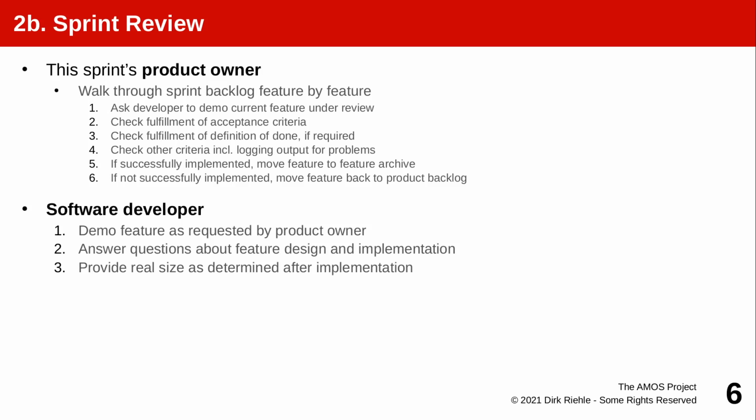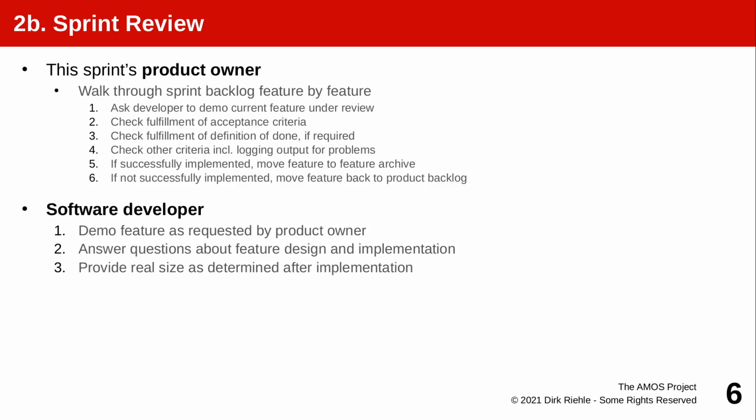Now, however, in the review, the product owner guides, that's how we do it, the review of what is in the sprint backlog in the supposedly done, so in the for review section, because that's what the developers say: we finished this and we want it to be reviewed. So the product owner picks the top item and says, please demo.